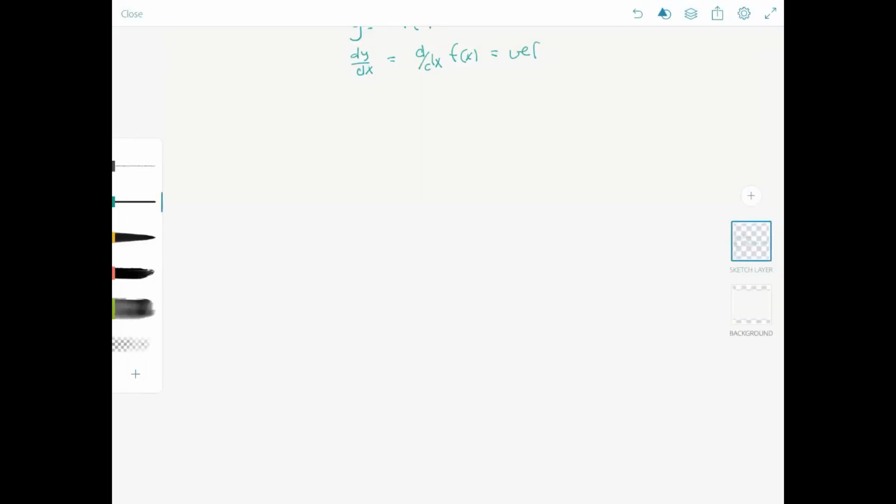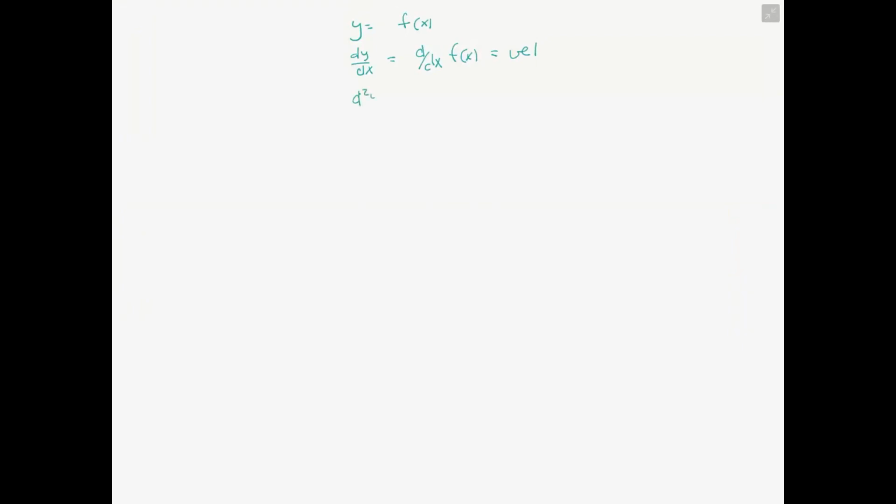Remember, if we have a function y equals f of x, and then we say dy dx equals dy dx of f of x, that's equal to the velocity of the original function.